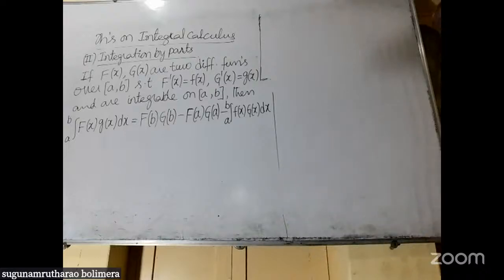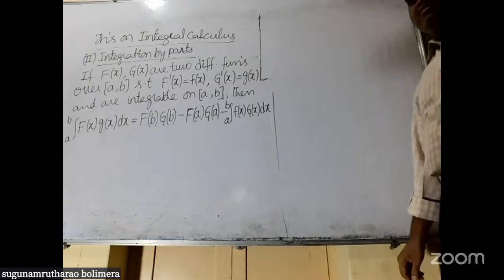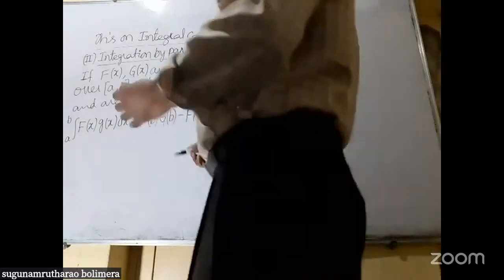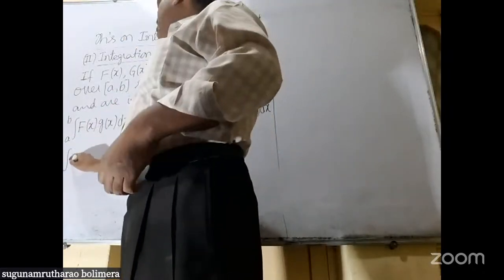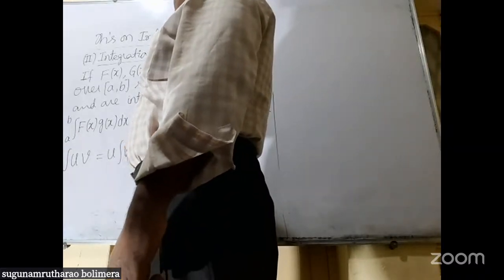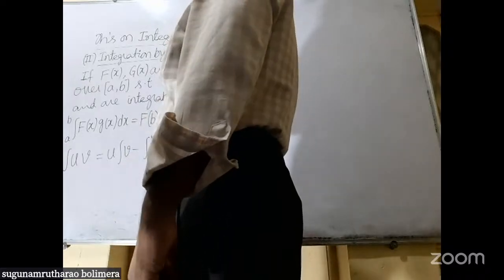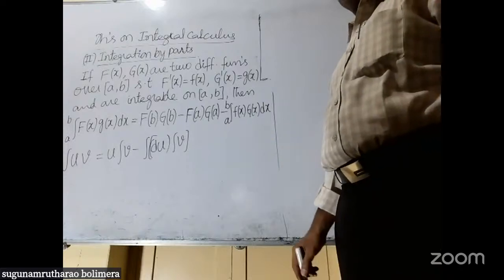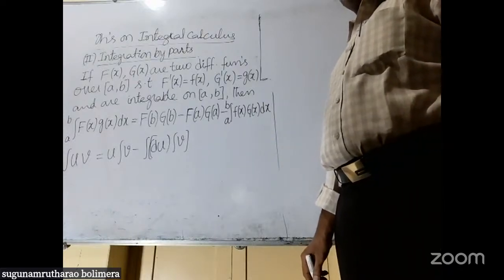See here, you may be knowing the integration by parts formula. That is nothing but integral of U into integral of V minus integral of derivative of U into integral of V. This you know better.